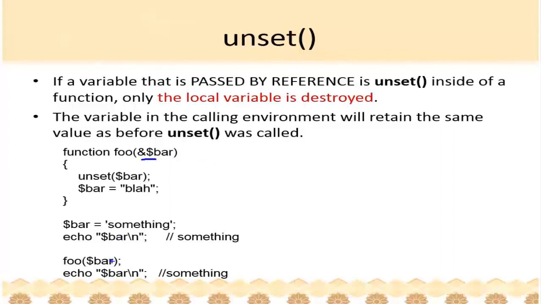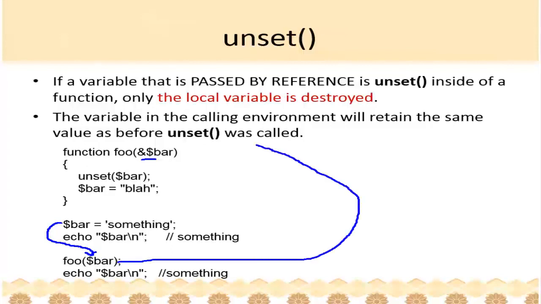When this function is called, you are supplying the bar here, but this bar is a reference type. That means both of them are pointing to the same value. Within this function, the bar, which is the reference value, is being pulled out.